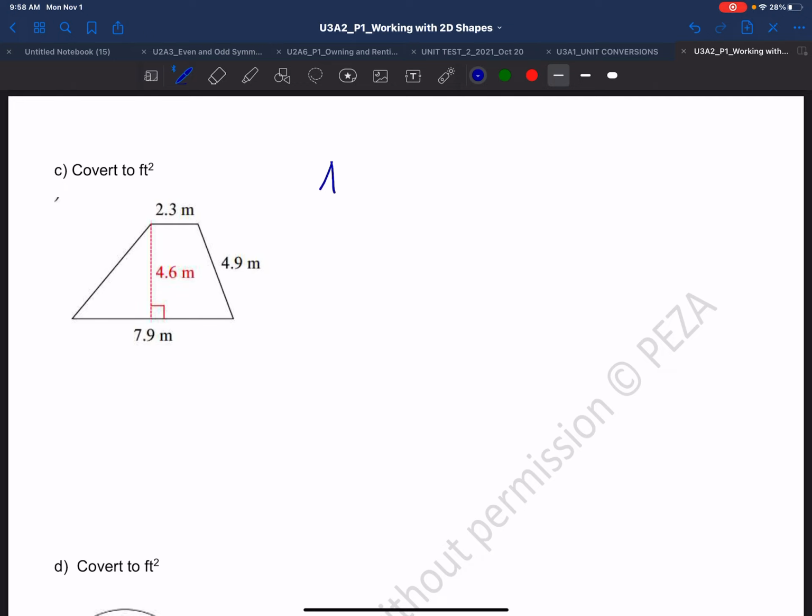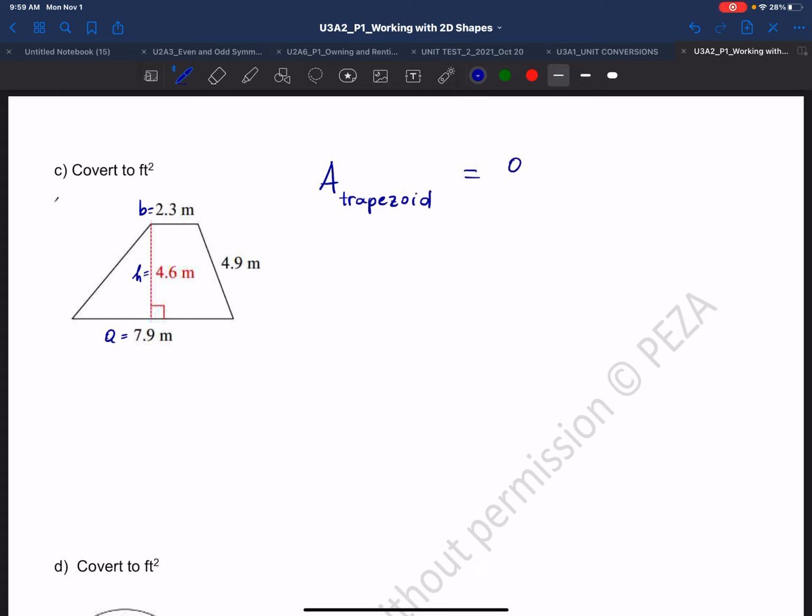So the area of a trapezoid is, remember, a trapezoid has two bases. The two sides that are parallel to each other are called the bases, A and B. And the line that connects the two bases and is perpendicular to them is the height. So this will be the height.